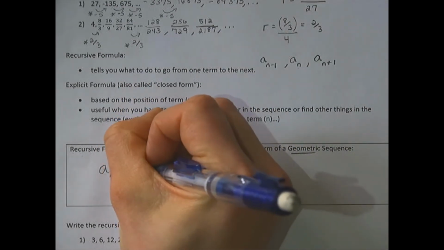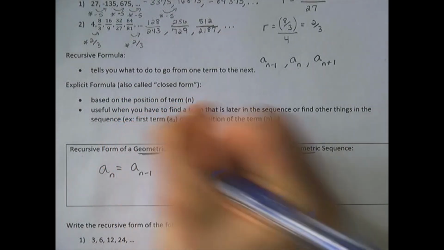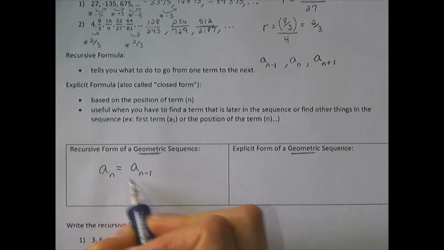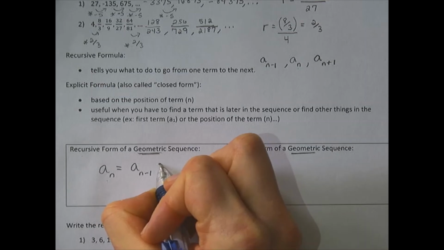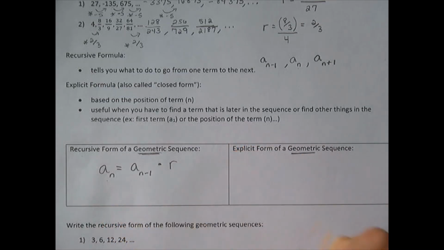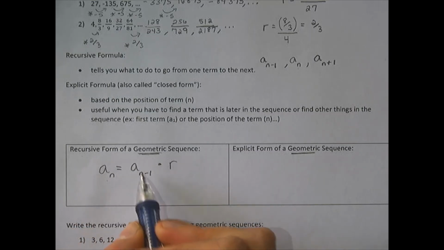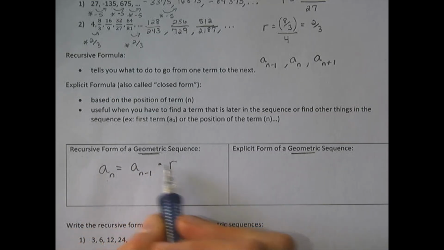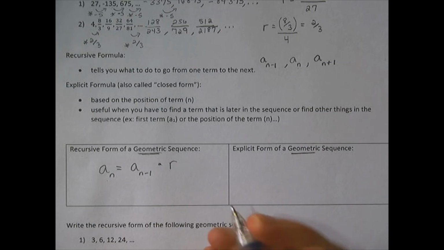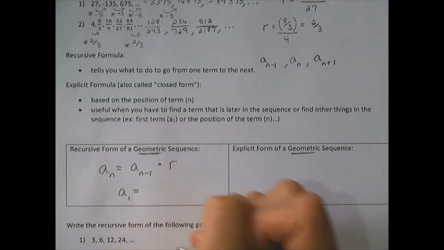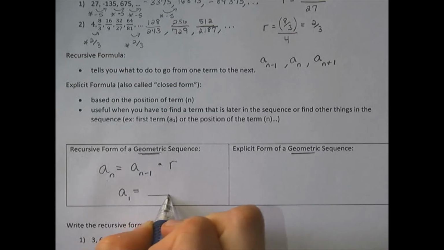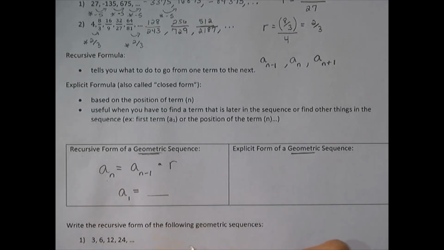So to go from the term before that one, the a sub n minus 1 term, you have to take that number and multiply by whatever your common ratio is. So that's the recursive form: you are taking the previous term and multiplying by that constant number. And then remember, with recursive form, you always have to write down one of its terms in the sequence. So we usually write down the first term. Okay, so there's the recursive form.